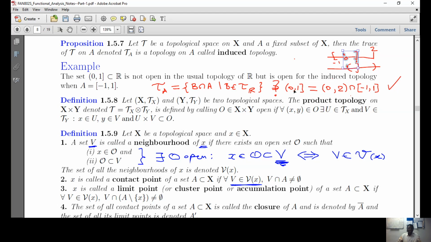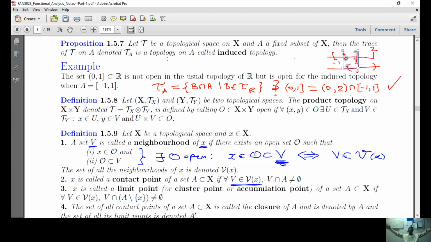But if it's with respect to the induced topology on A, and our A here is (-1, 1). So if we take the usual topology and we induce it on the interval, you take all open sets and take the intersection with A. Because when you talk about something that is induced, you restrict.